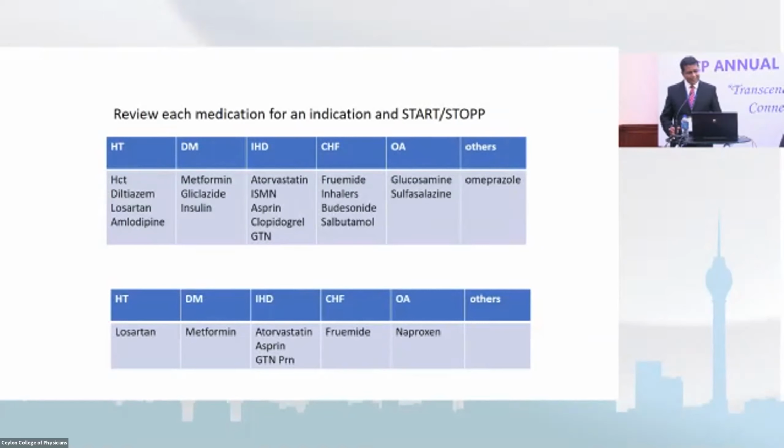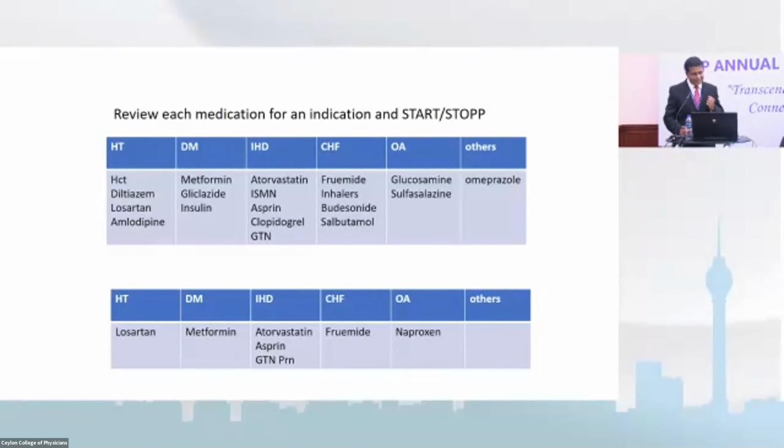Out of that, she's on 2 calcium channel blockers, diltiazem and amlodipine. Further, she has chronic heart failure. She's on furosemide. You can see she's on HCT and furosemide both. And she's diabetic with a blood sugar of 76, and she's on metformin and gliclazide both. Further, she's on insulin as well.